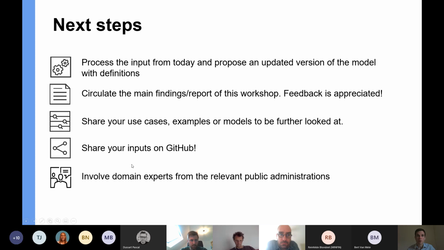And of course, for the next webinar, it will be really great to have your inputs on GitHub. So please take some time once we share it with you. You will have at least 1 week or 2 to go through it and share your comments via GitHub. And then we can dive into the different discussion points during the next webinar.